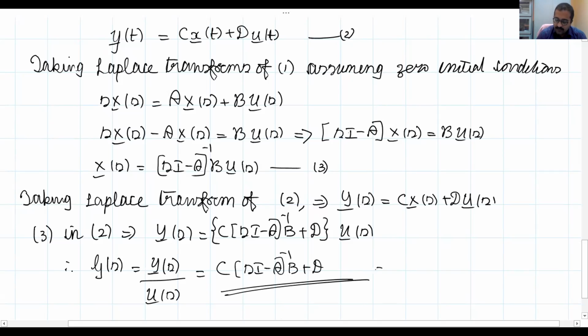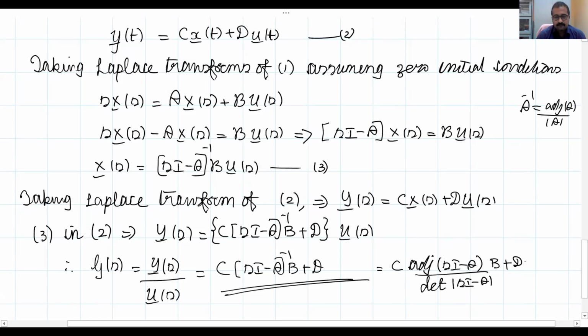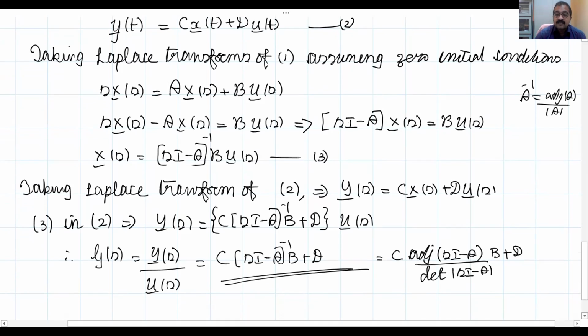Now how will you find the (sI minus A) inverse? How will you find a matrix inverse? Adjoint divided by determinant. So this can be written as C into adjoint of (sI minus A) divided by determinant of (sI minus A), into B, plus D. We have already discussed poles.